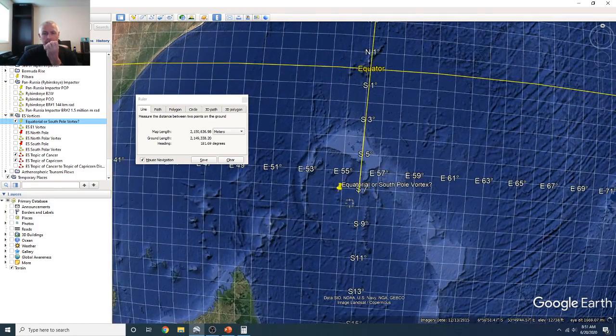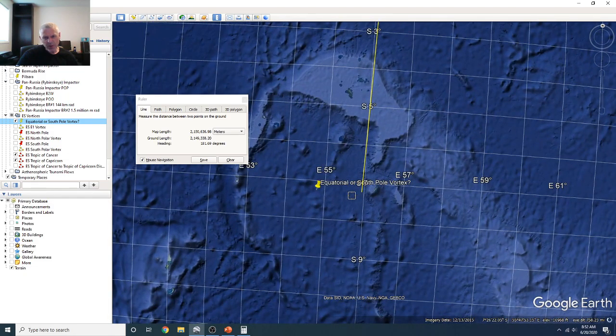If I wanted to get really technical, I could actually find out where the center of this sphere is. If that's the case, you see where it's right there.